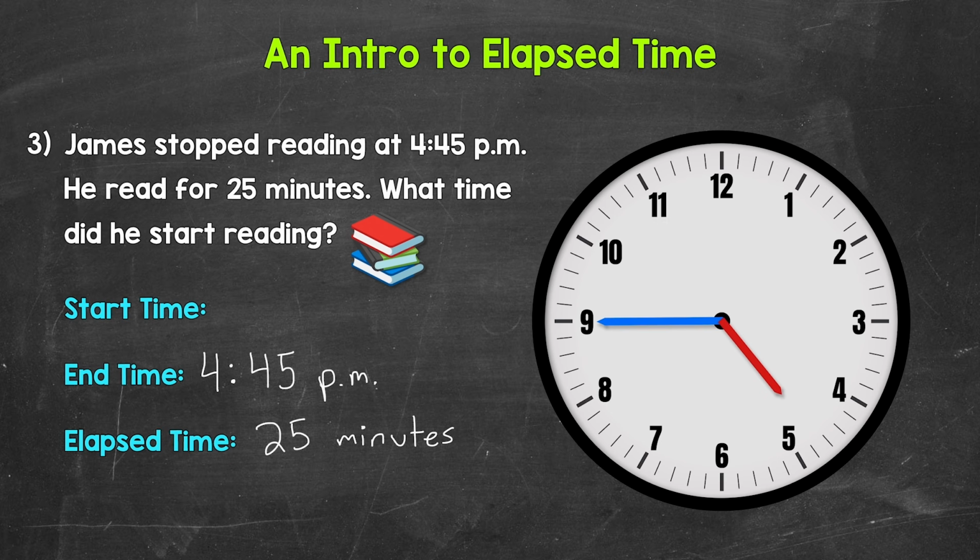The clock is showing the end time of 4:45 p.m. We need to go back 25 minutes to see what time James started reading. Again, the clock is showing the end time, so we need to go back 25 minutes. Let's start by counting by fives. So 5 minutes, 10 minutes, 15 minutes, 20 minutes, 25 minutes.